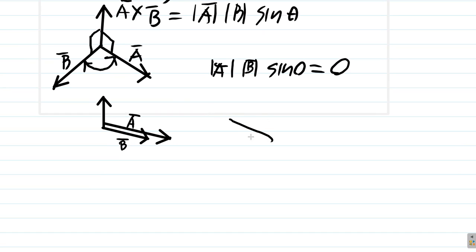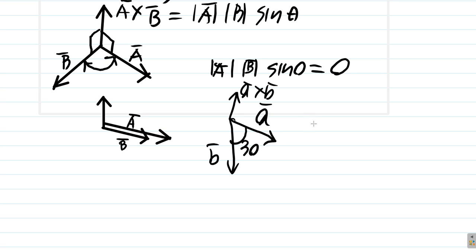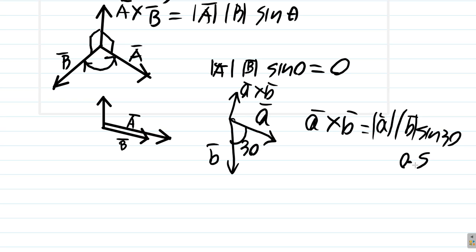If you now have A and B like this, let me use lowercase letters a, b, and they are at, say, 30 degrees. This would be A cross B, right? Now, A cross B would be magnitude of A, magnitude of B, sine 30, which will be 0.5, right?